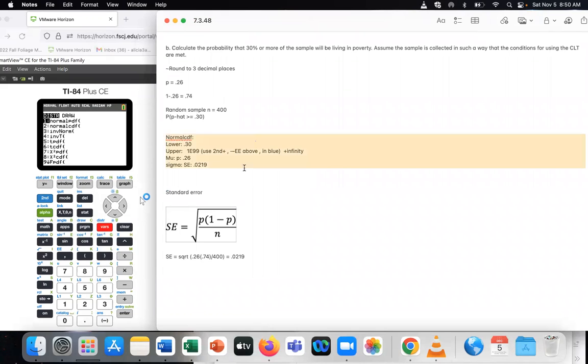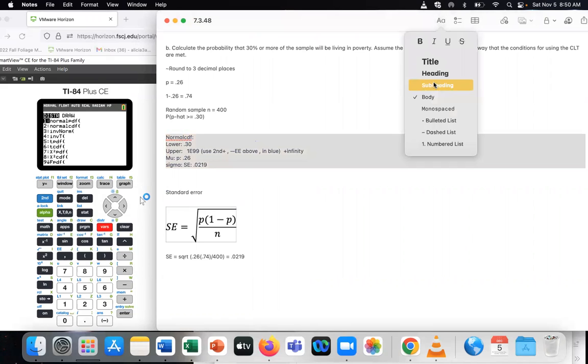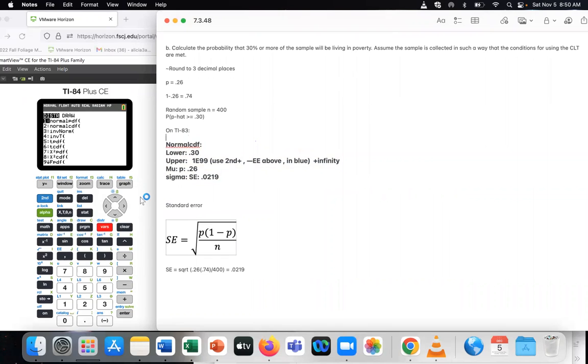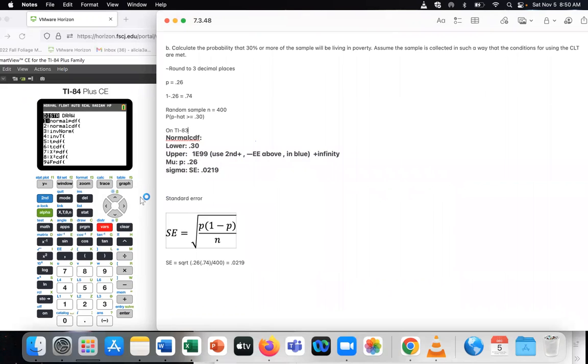So these are all the things that we need right now in order to go ahead and fill in. So on your TI calculator, on the TI 83 or 84, whichever one you're using.